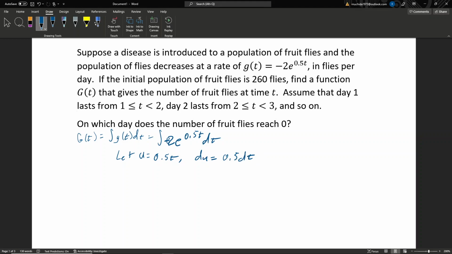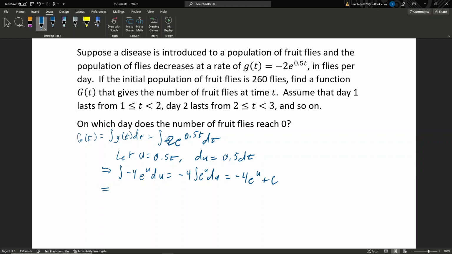So if we do the substitution, we divide both sides by 0.5, and when we do that, we get the integral of negative 4, because negative 2 divided by 0.5 is negative 4, e to the u du, which is the same thing as negative 4 times the integral of e to the u du, and the integral of e to the u is just e to the u, so this will be negative 4 e to the u plus c.